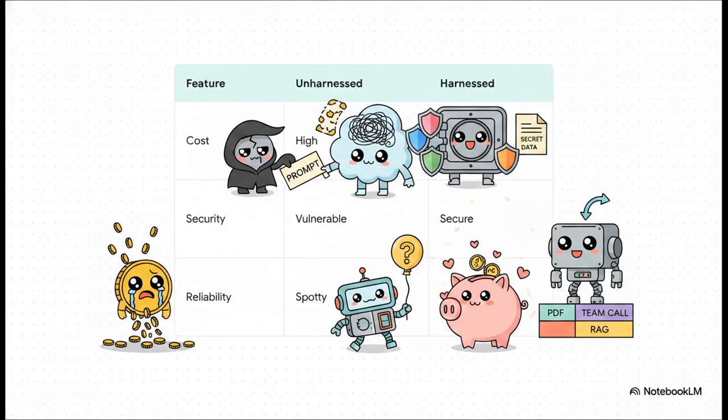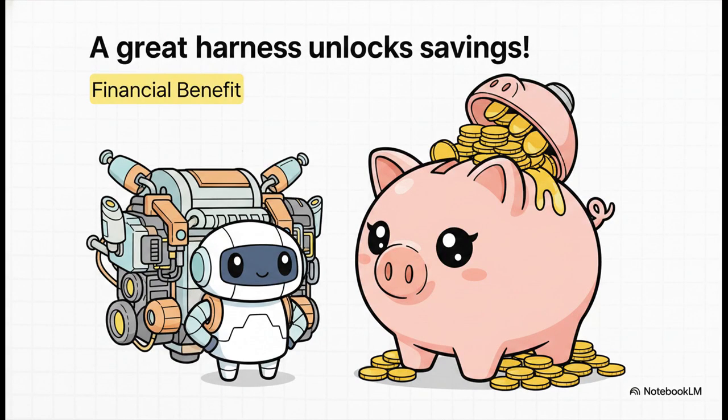But an enterprise harnessed agent, like IBM's Open RAG project mentioned in the source, totally different ballgame. The harness handles secret injections securely. It performs deterministic retrieval augmented generation, meaning it specifically queries siloed private PDFs and Teams calls before ever letting the model speak. It makes the entire system highly secure and completely grounded. And this connects right back to your company's wallet.